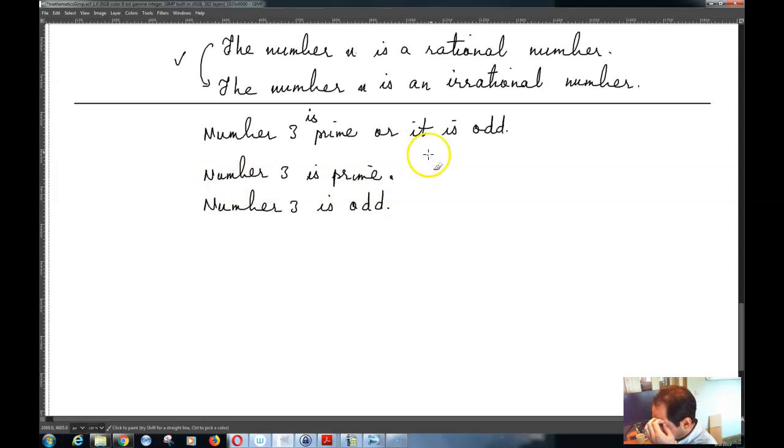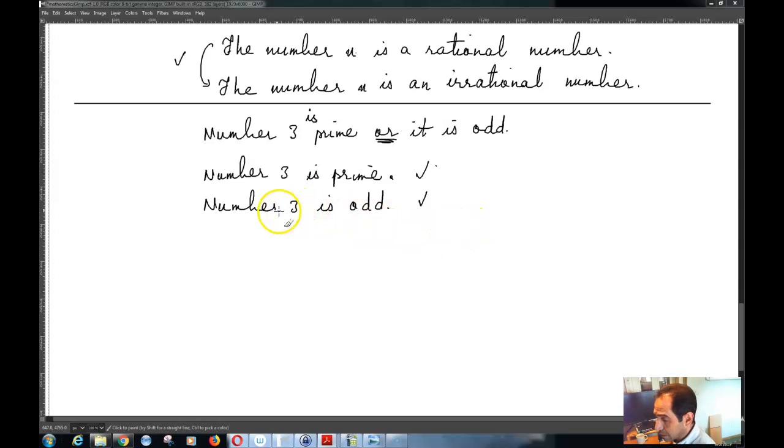And they are connected together using OR. Now, number 3, of course, is a prime number. That is true. And number 3 is odd. That is also true. The answer over here, number 3 is prime, number 3 is odd, both are true.